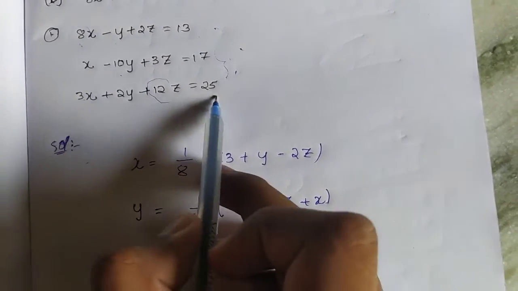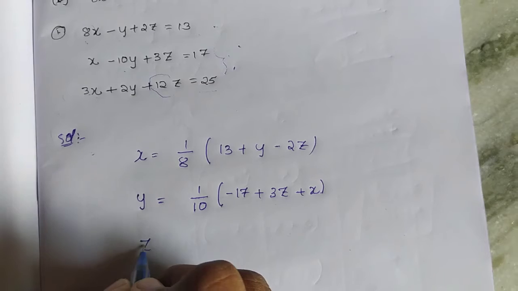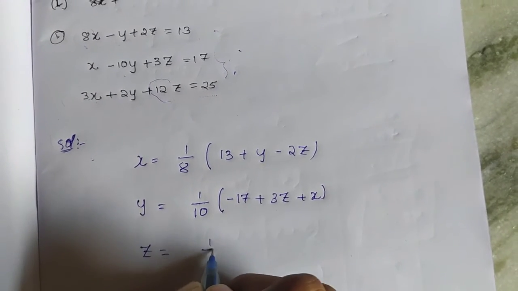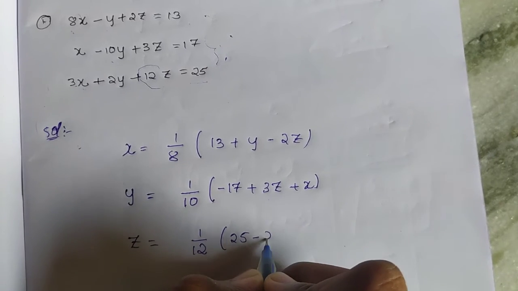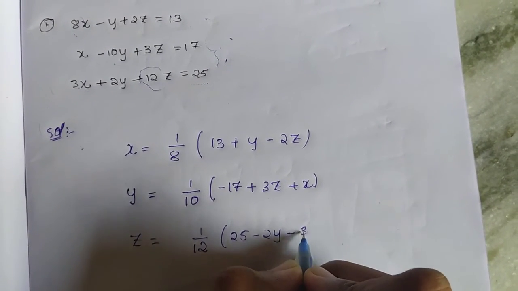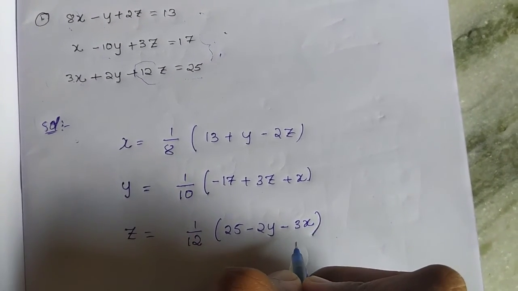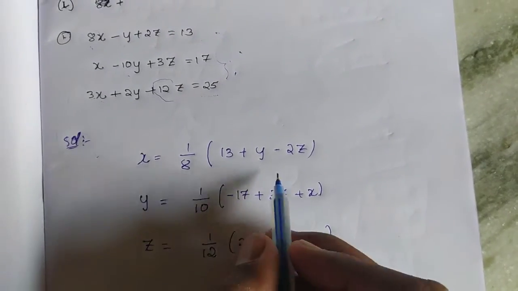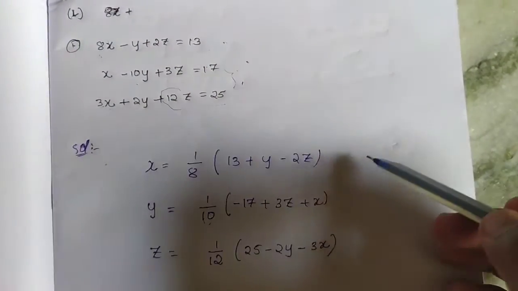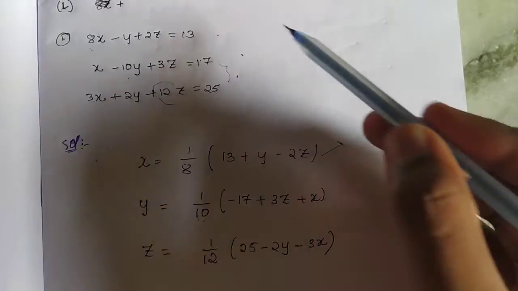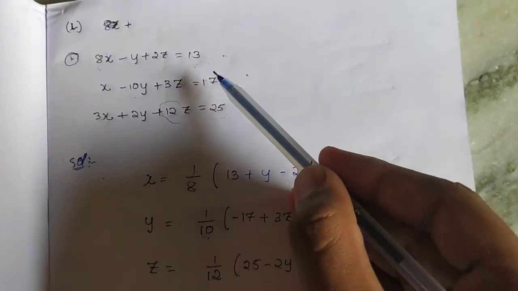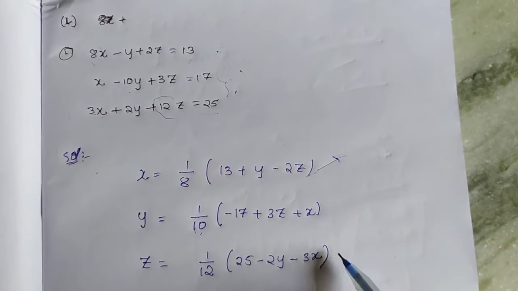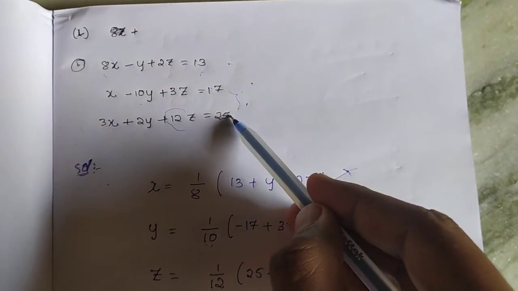Now from the third equation we can write z is equal to 1 by 12 into 25 minus 2y minus 3x. These equations are obtained from the original equations: the x value is obtained from the first equation, the y value from the second equation, and the z value from the third equation.